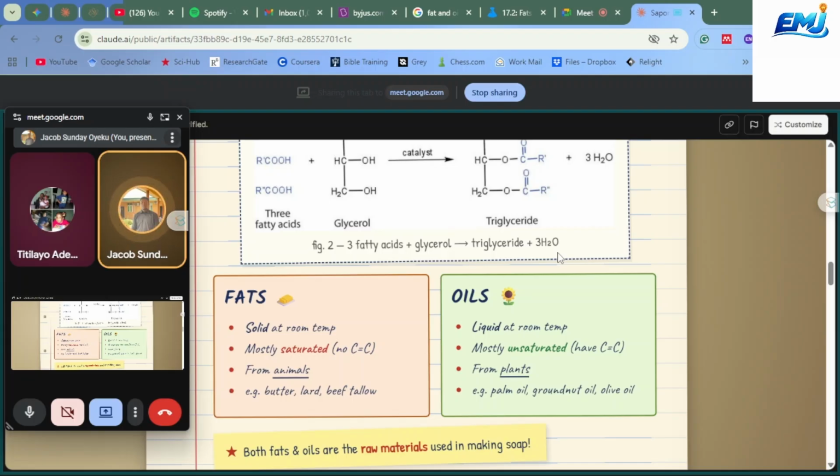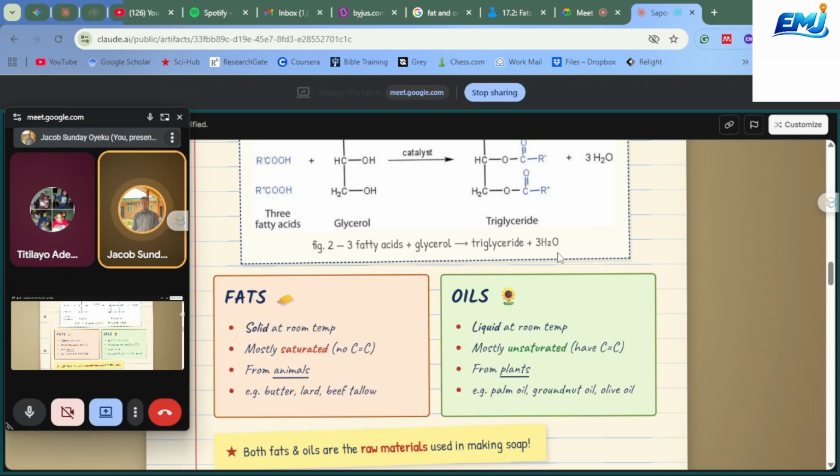It is going to give you oil, if that long chain does not contain any, mostly is the word. I think most likely it is going to have both double and single bond.